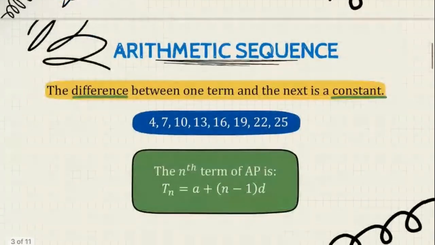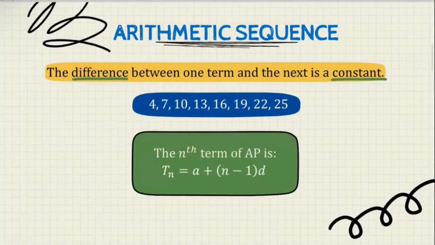What is an arithmetic sequence? Okay, so arithmetic sequence is the difference between one term and the next term is a constant. So maksudnya beza antara first term dengan next term tu adalah satu nilai, kat sini dia kata constant.